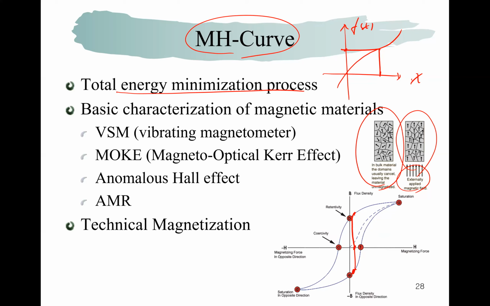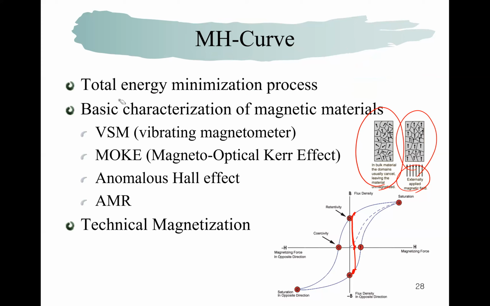Because we are finding energy minimization, but this is not the global energy minimization. It sounds maybe difficult, but I'm going to explain later. But anyway, it's a kind of energy minimization, but we are looking for only the local energy minimum, not the global energy minimum.